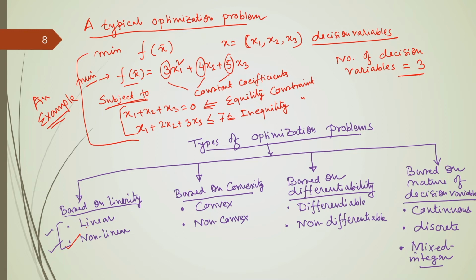Okay. So, in fact, in distribution system planning, our problem is typically a very complex problem. It is having non-linearity, non-convexity, non-differentiability, and it is also of mixed integer type, where some of the decision variables like the number of feeders, where they should be placed, what the feeder routes should be, are all discrete decision variables.